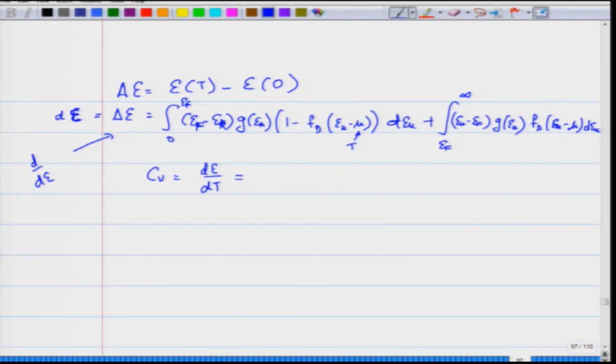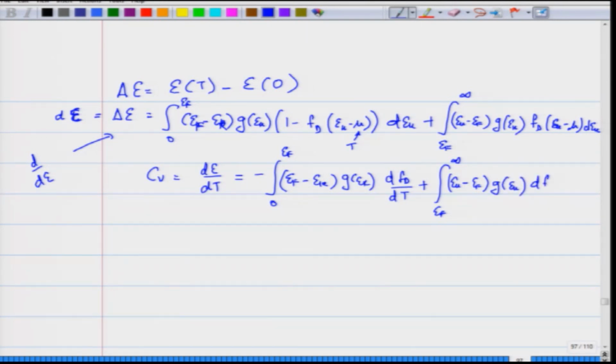but the Fermi Dirac distribution is definitely temperature dependent. So, then you will end up with an expression: the integral from 0 to EF of (EF minus Ek) G(Ek) dF_D/dT dEk plus the integral from EF to infinity of (Ek minus EF) G(Ek) dF_D/dT dEk, plus this term.